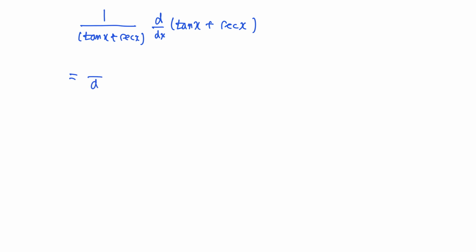So that's a good example of a logarithmic derivative. That is 1 over tangent x plus secant x times d/dx of tangent x plus secant x, which is d/dx of ln of tangent x plus secant x, which is 1 over cosine x.